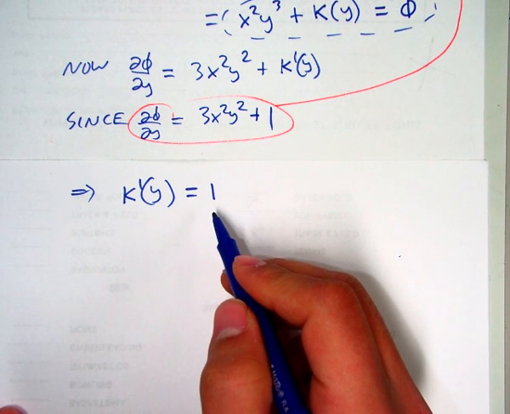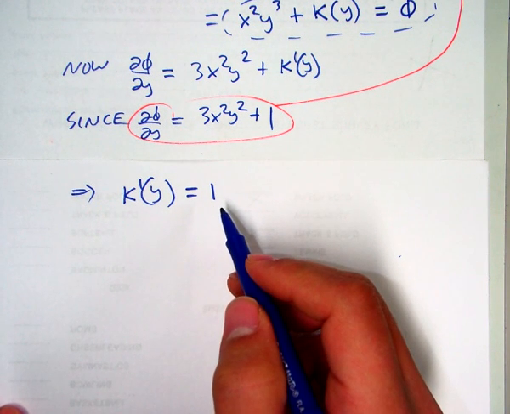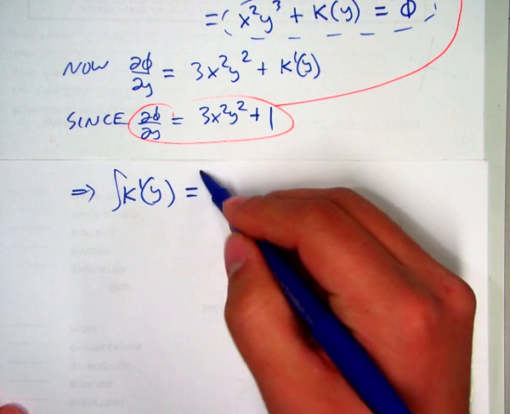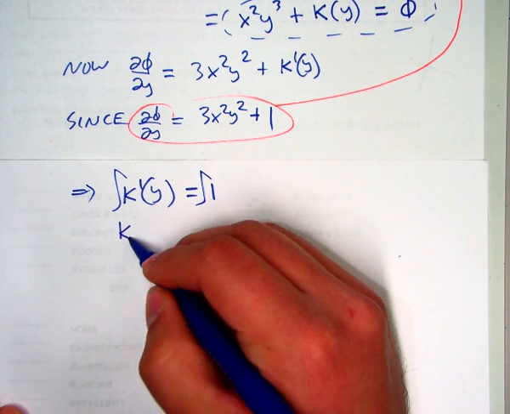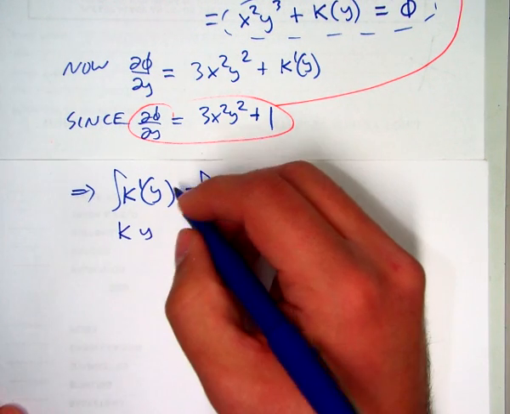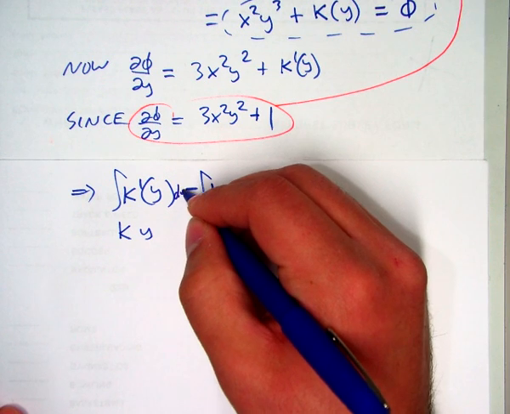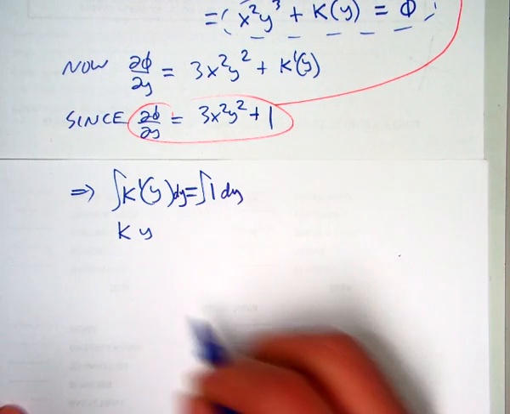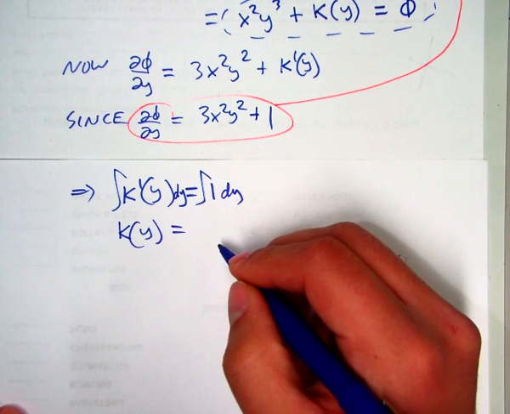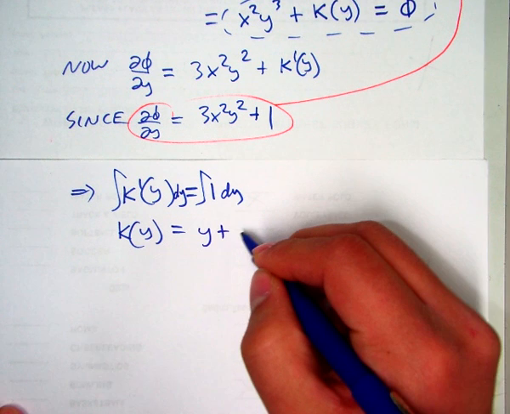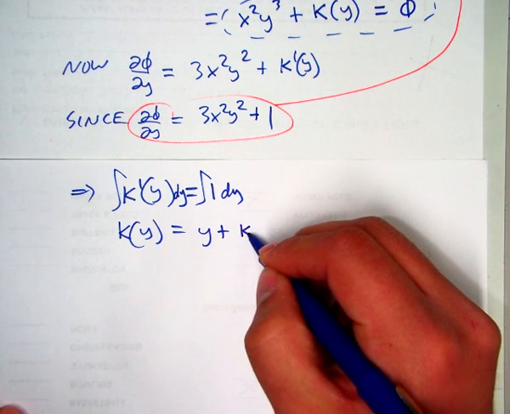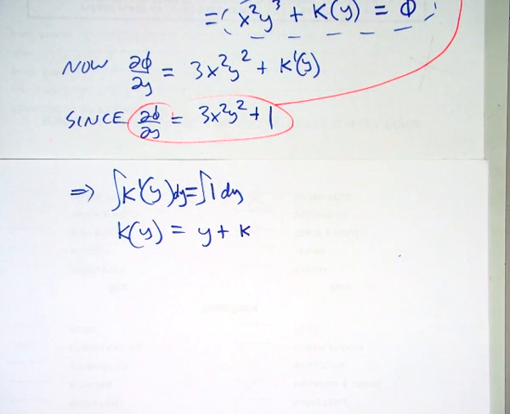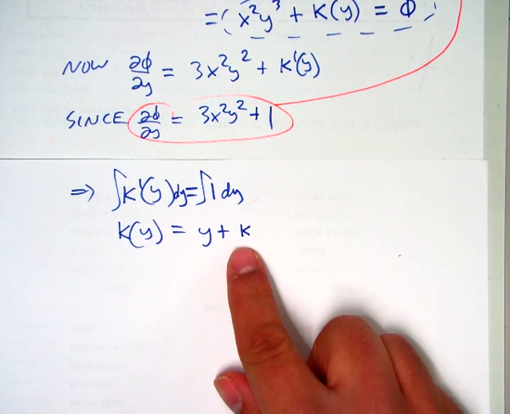How do I find k of y? Integrate. And I should say I'm integrating with respect to y here, right? So we get k of y equals plus maybe, well, no, at this point we rule out the function of x because we already took care of partial phi partial x. This could very well be just any constant now.